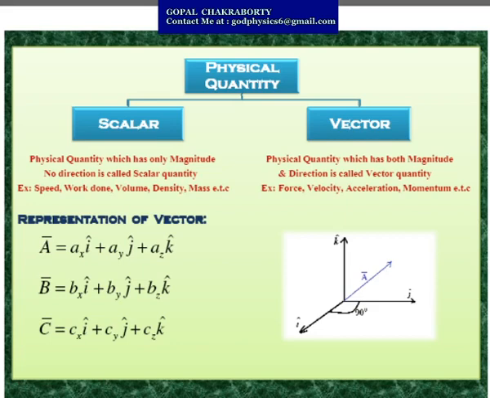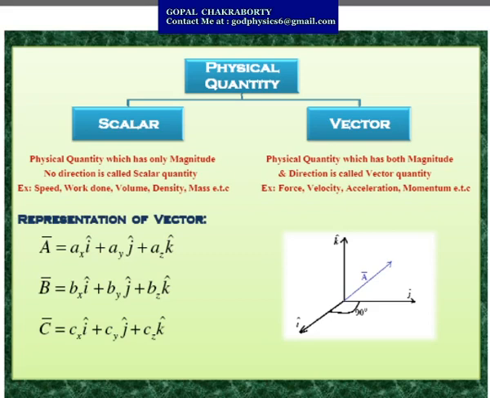Here some representation of a vector is given. Vector A equals Ax i cap plus Ay j cap plus Az k cap, where Ax is the magnitude along the x direction, where i is the unit vector along the direction of x. Similarly, Ay is the magnitude along the direction of y, where j is the unit vector along the direction of y, and Az is the magnitude along the direction of z axis, and k is the unit vector along the direction of z.